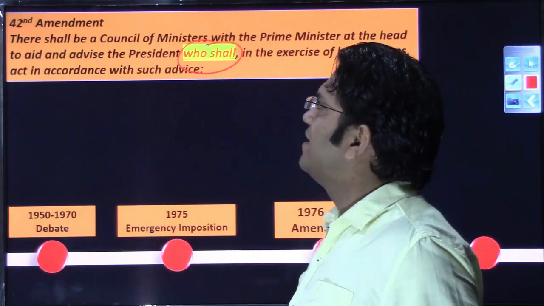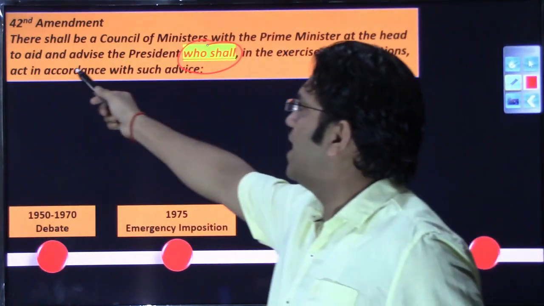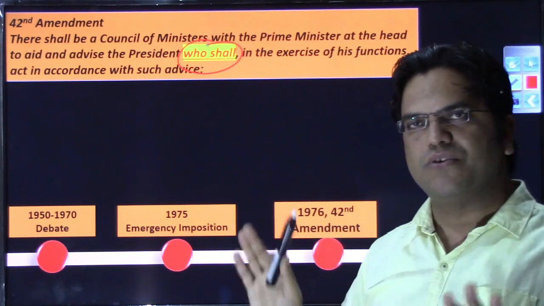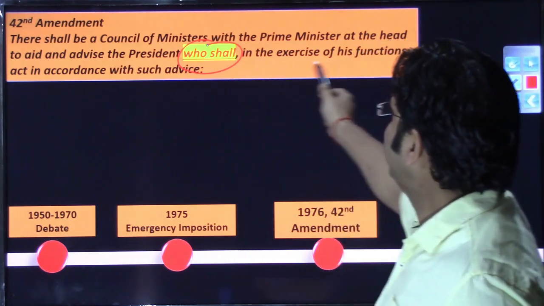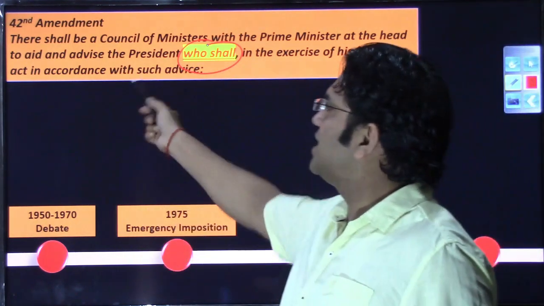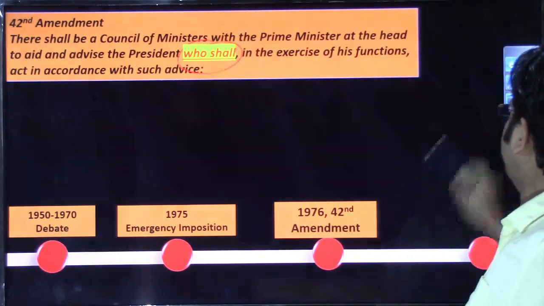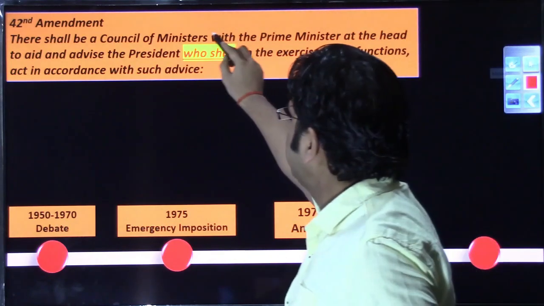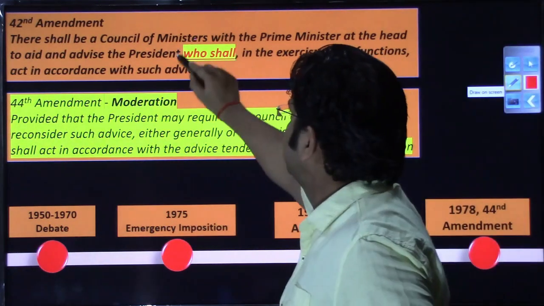So now this article reads: there shall be a Council of Ministers with the Prime Minister as head to aid and advise the president. So until now it is the original article, but now comes who shall, meaning the president shall, in exercise of the function, act in accordance with such advice. Now this advice by the Council of Ministers to the president has been made mandatory by the introduction of these two words, that is, who shall.